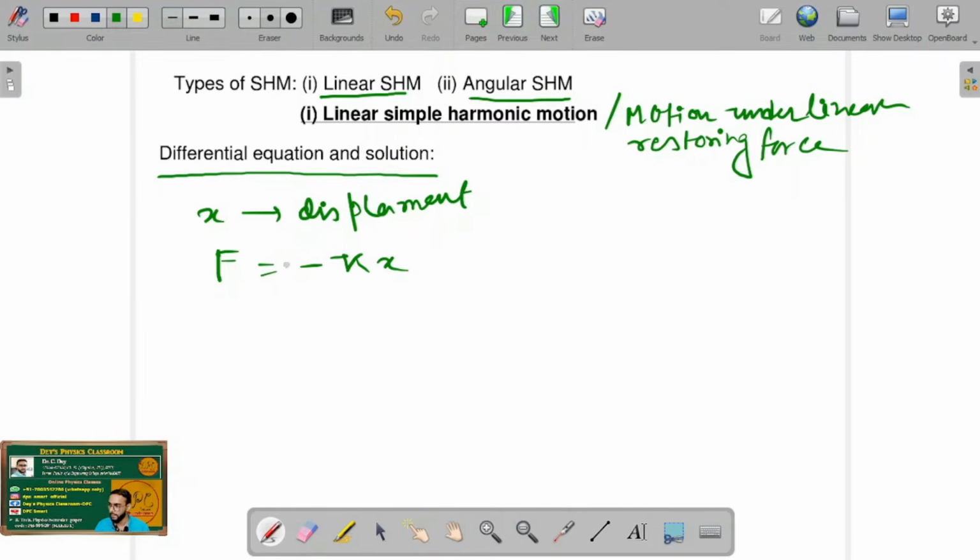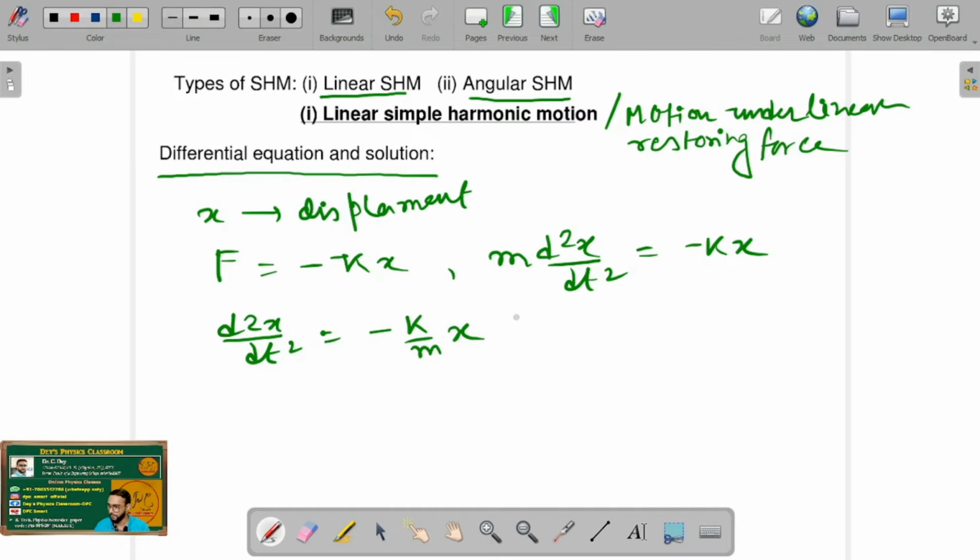Force we can write as m d2x/dt2, mass into acceleration, equals minus k into x, or d2x/dt2 equals minus k by m into x. We can write k by m as omega square, where omega equals root under k by m.